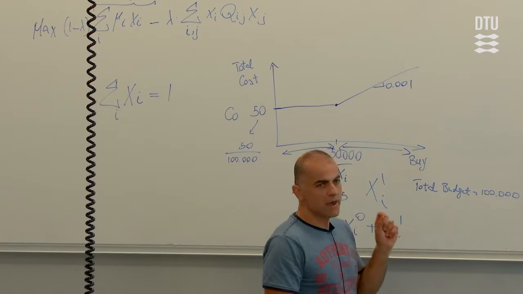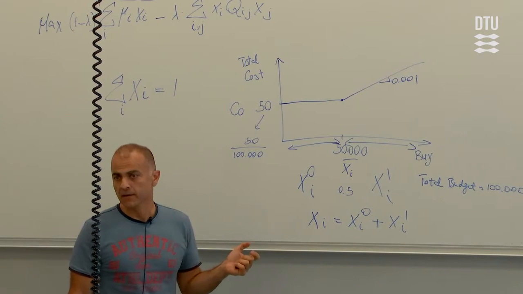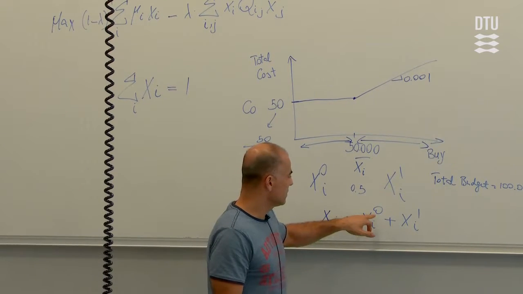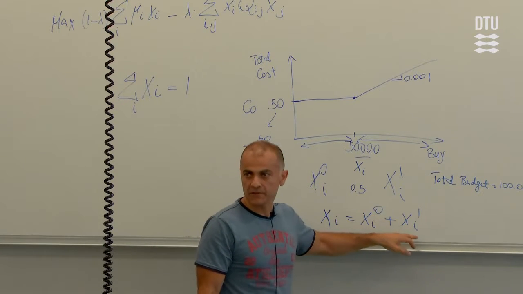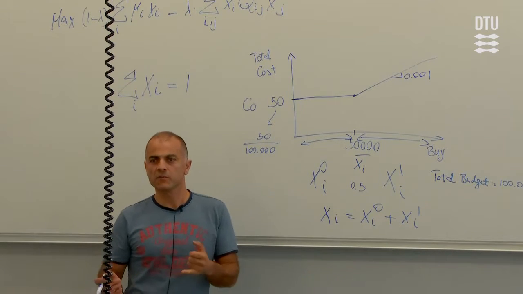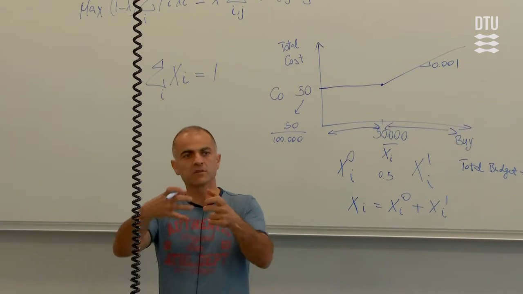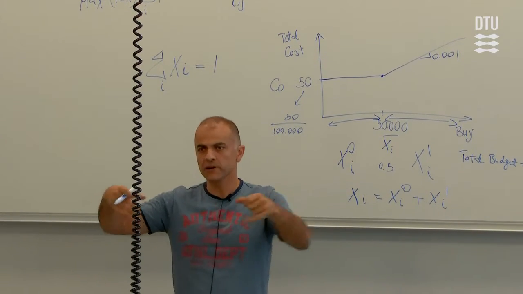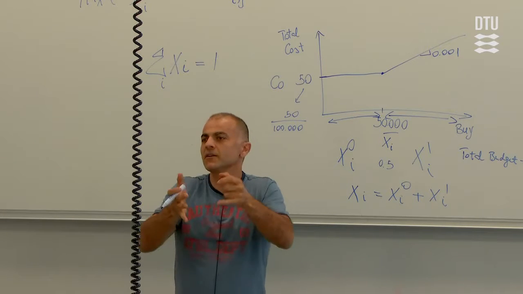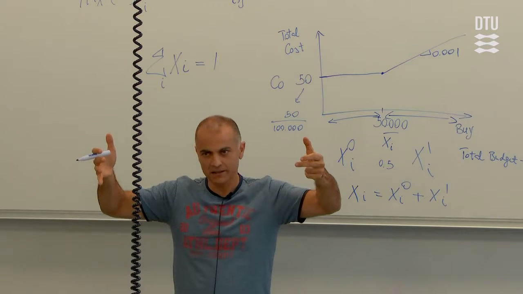And now I want to make sure that whenever I am buying something, first I fill up X0, and after that's filled up, then I fill up X1. That's also why sometimes people refer to these variables as bucket variables. Just imagine you have a smaller bucket inside a bigger bucket, right? And you start pouring water into the smaller bucket. Only after the smaller bucket is filled up does the larger bucket start filling up, right?